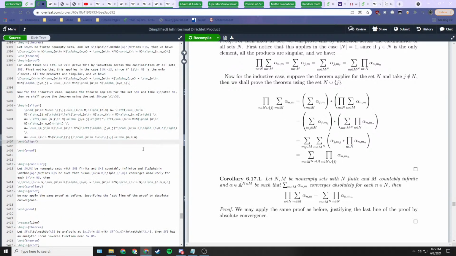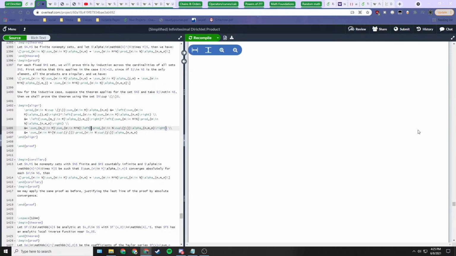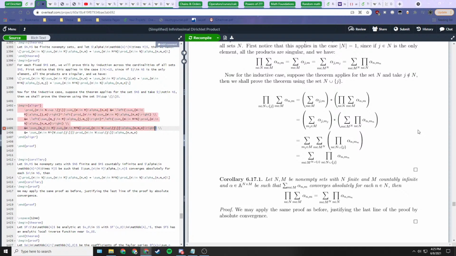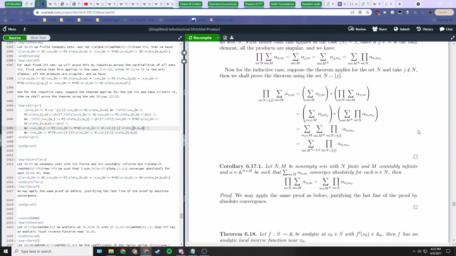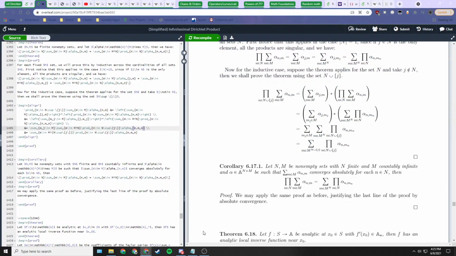We can maybe make this a bit easier and just say that when we use the distributive law, we merge this into the product right away. And then this last line, merging these two sums into this singular lattice, is justified by absolute convergence.